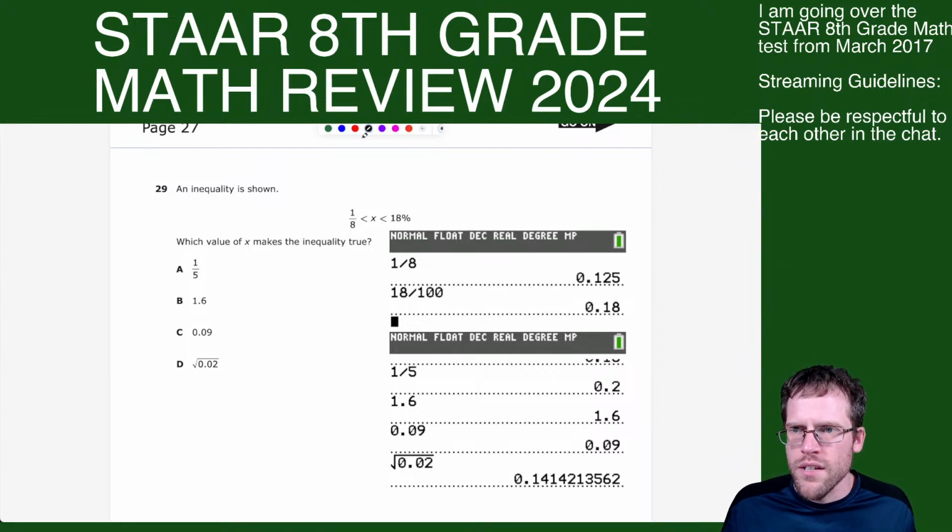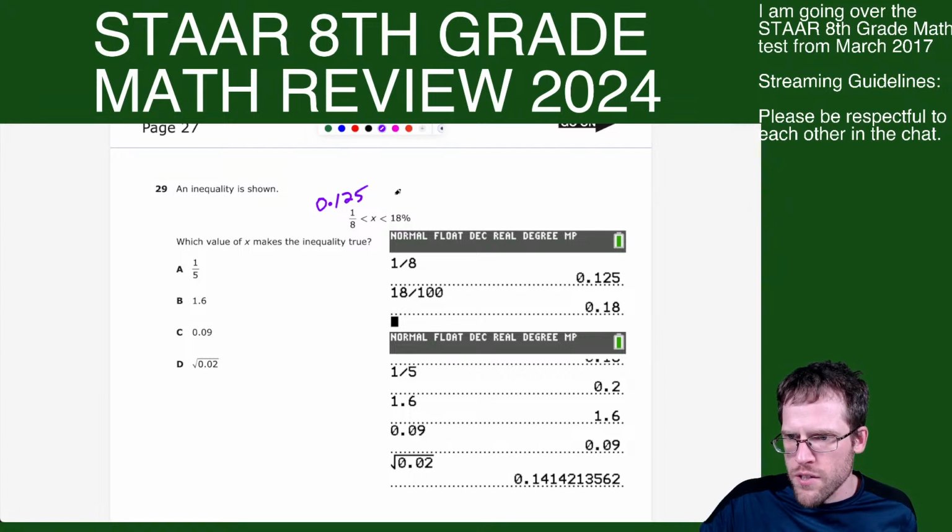So let us see. Here we have 1/8, which was 0.125. This one we could write as 0.18. And we want to know which of these numbers is between these two. And it's looking like choice D. 0.09 is less than this.